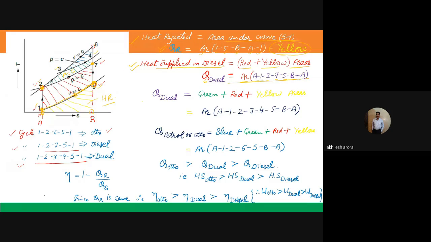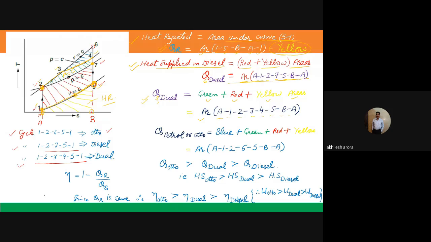Similarly, if I go for the dual cycle, the heat is supplied between the processes 2 to 3 and 3 to 4. Okay, I have drawn it here. You can see there is an addition of the green area in addition to the yellow and red areas. So the heat supplied in the case of the dual cycle is green plus red plus yellow areas, and it is equal to the area A-1-2-3-4-5-B-A.